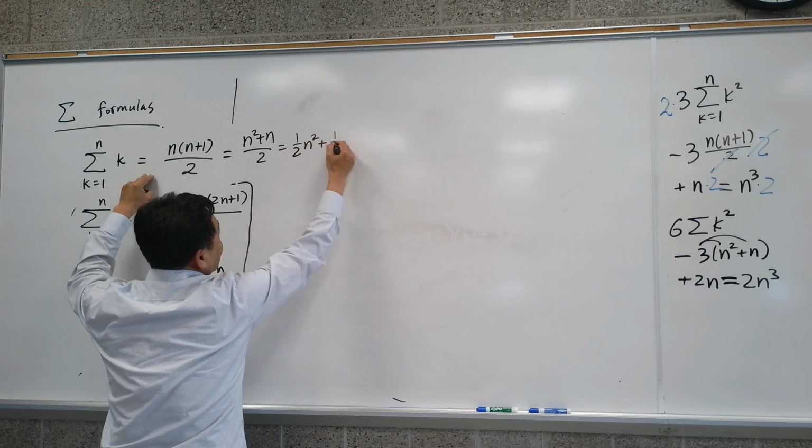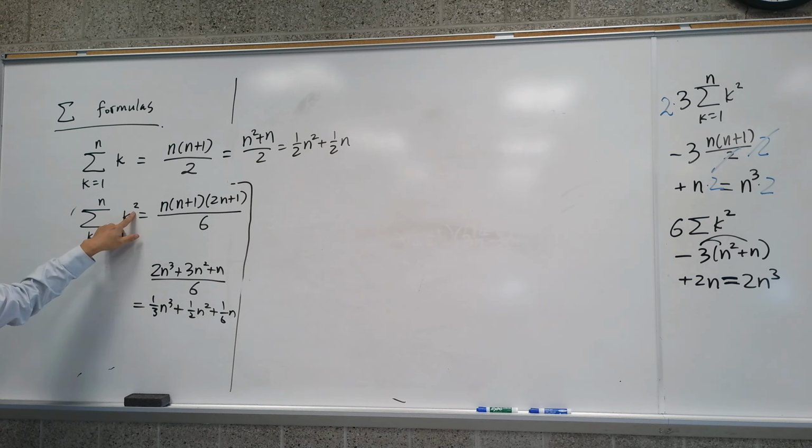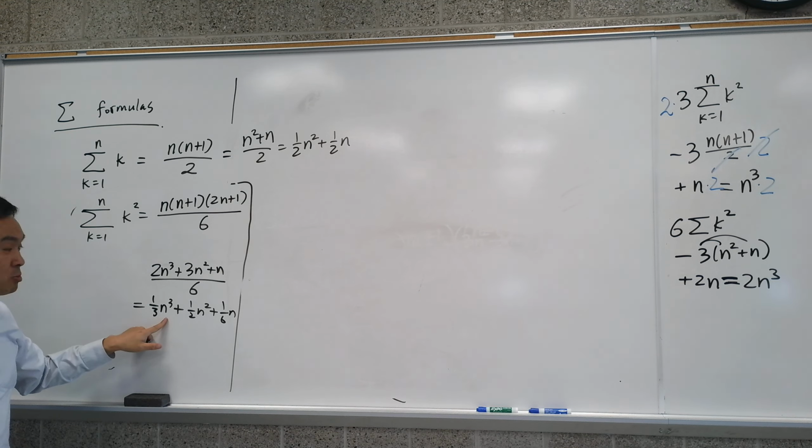And there are several patterns that you start seeing just by looking at these two. If you have k to the first power, then you would get n squared with the leading term 1/2, okay? If you have k squared, then you're going to have n cubed with the leading term 1/3.